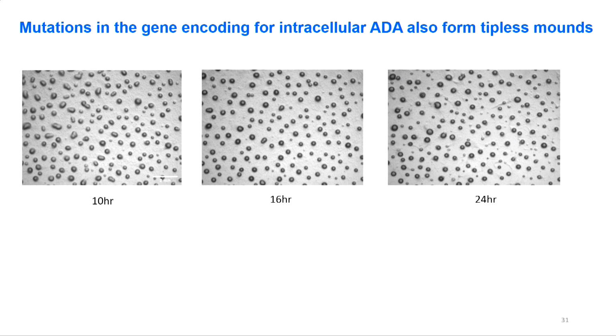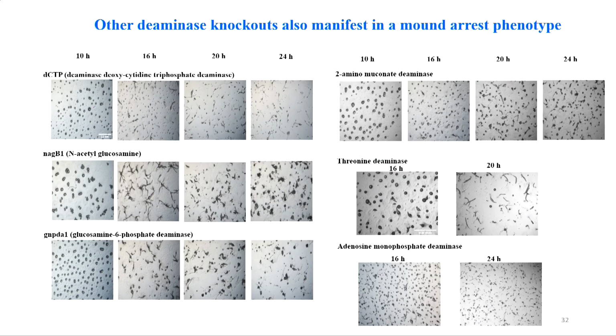Mutations in other genes encoding intracellular ADA, not extracellular, this is intracellular ADA, also form tipless mounds, but the results are still not confirmatory because we assume that this is happening. We have to do additional tests to confirm that this is the case. We obtained several classes of mutants.